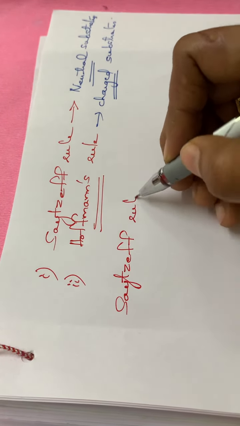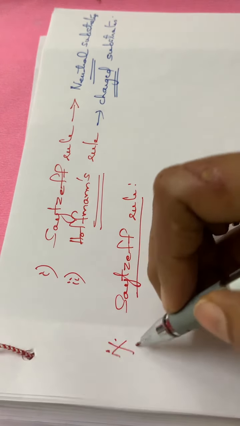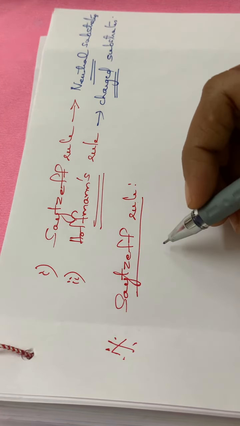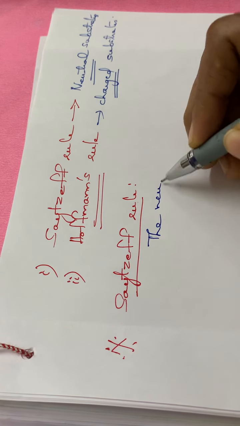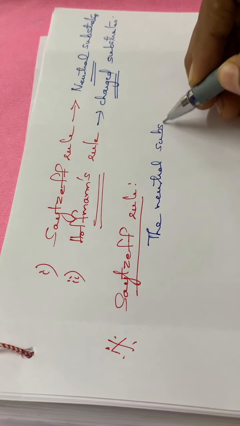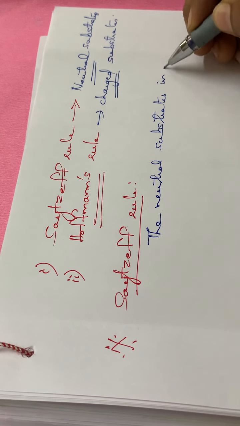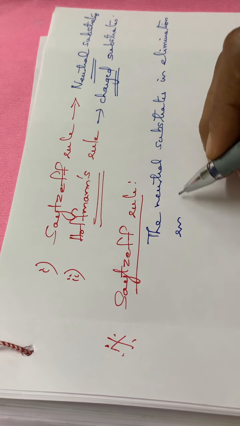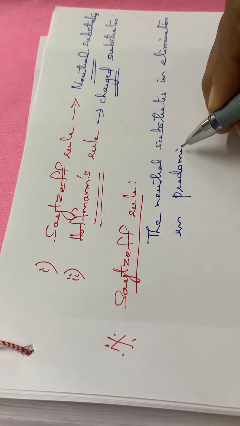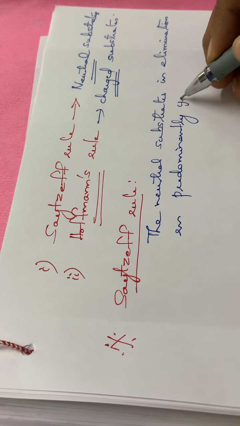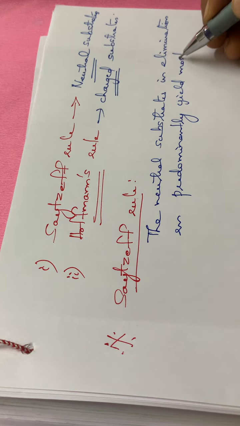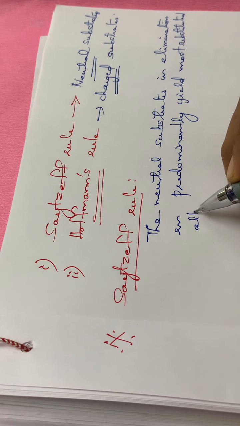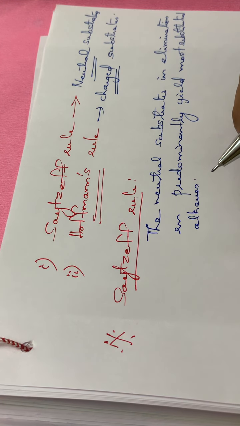First of all, I will write the rule, and the statement is very important. The neutral substrates in elimination reaction predominantly yield the most substituted alkenes.